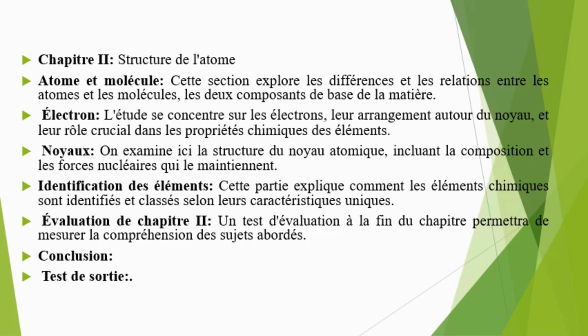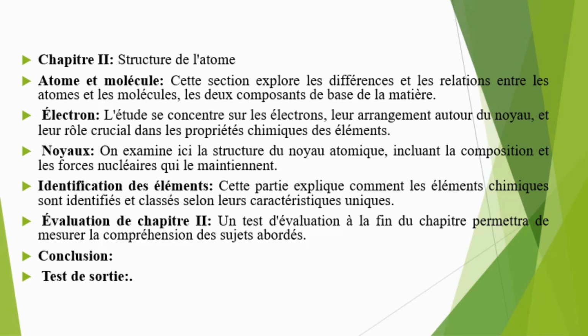We move to the notion of electron. It's a very vast notion. It's another world. So we try to focus inside the electron, its arrangement around the nucleus, its crucial role inside, and its chemical and physical properties.